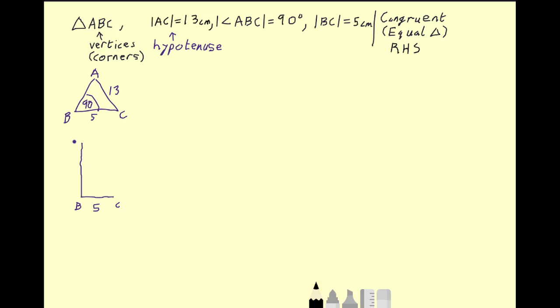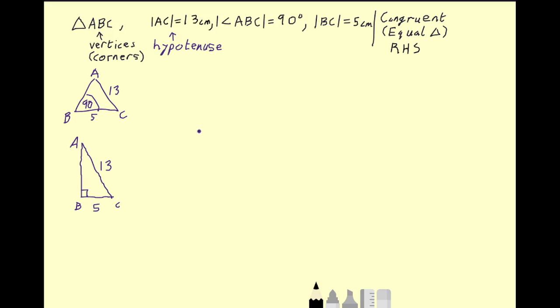So coming from A down to C is supposed to be 13. I know I have a 90-degree angle in here. I could use my 90-degree symbol in there, which is just a box. I could also draw a capital L in that corner, and that would mean the same thing. So that is roughly what our diagram should look like.